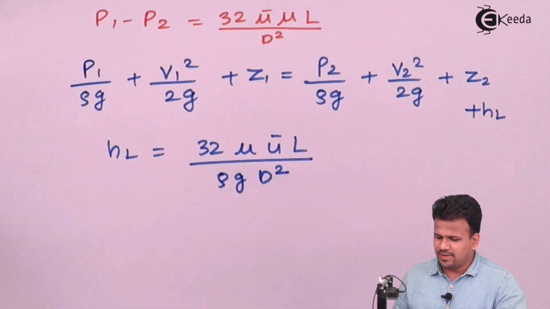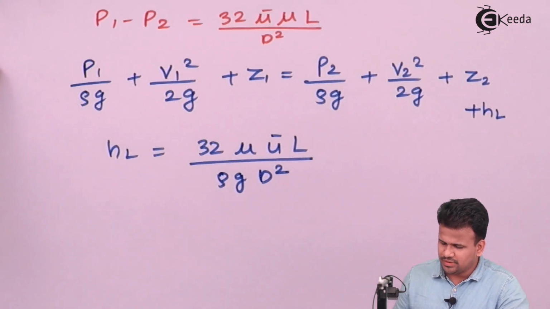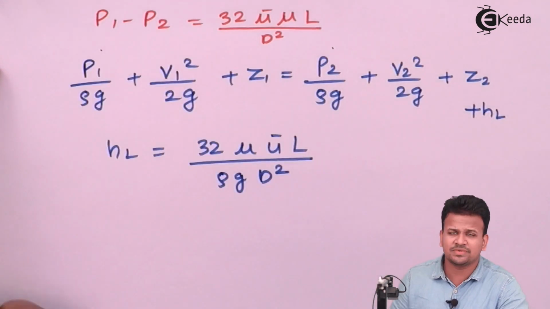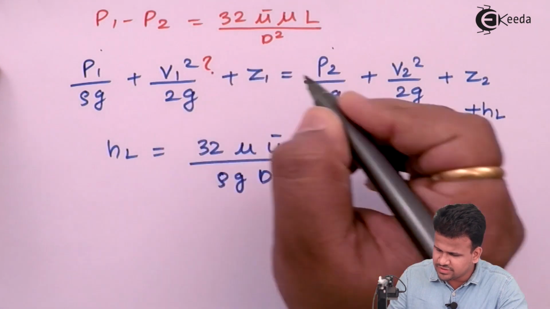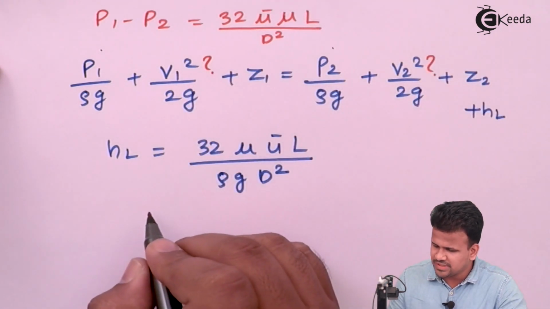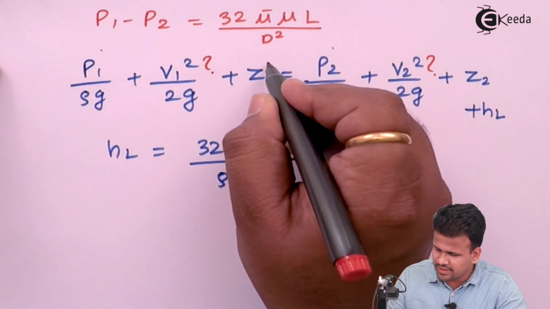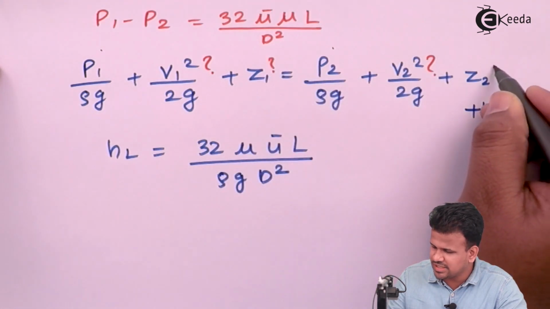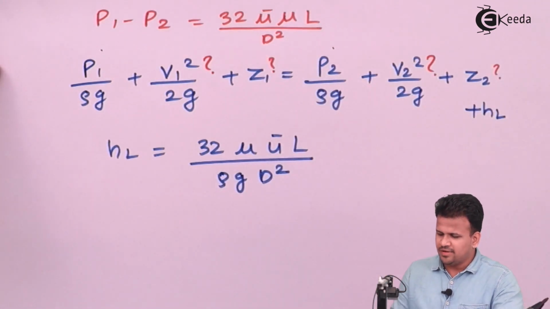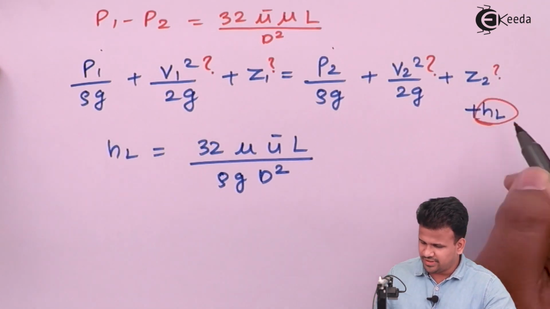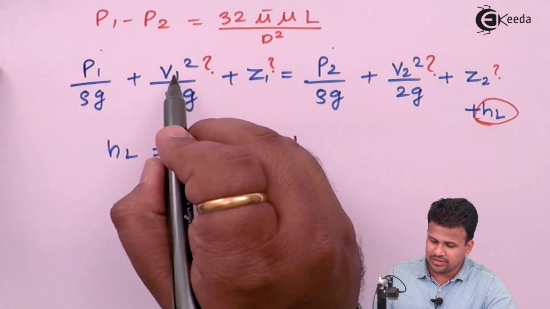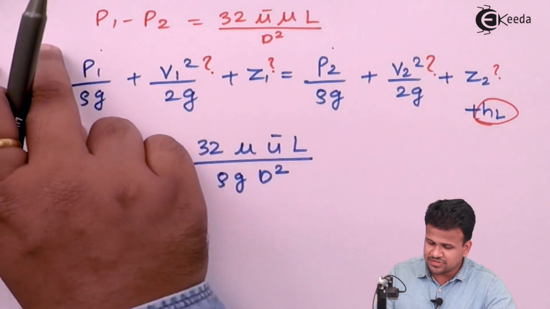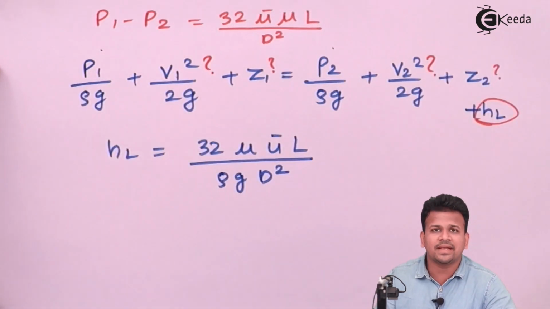Now in this equation we don't know the values of P1 and P2 which we have to calculate. We also don't know V1 and V2 square. Similarly, we don't know Z1 and Z2. First let us calculate the value of HL, then we'll calculate the values of Z1 and Z2, then V1 and V2. We'll substitute in this entire equation to get the difference in pressure.